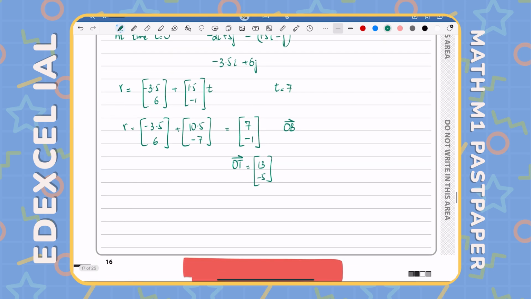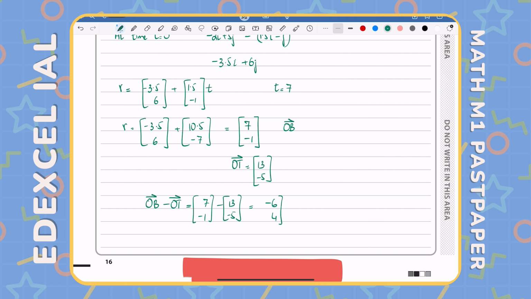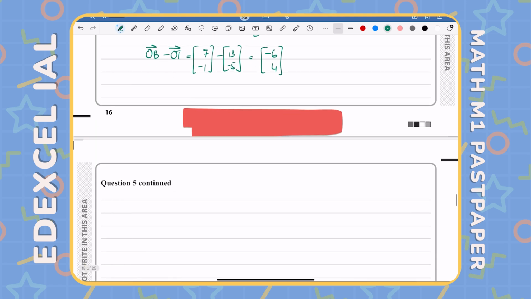If I want to find the distance, I can do OB minus OT, which will give me TB. OB is 7 and minus 1. From this, I subtract OT, 13 and minus 5. So 7 minus 13 is minus 6. Minus 1 minus minus 5 is positive 4. So this is the displacement between the ball and the target. You can call this TB.